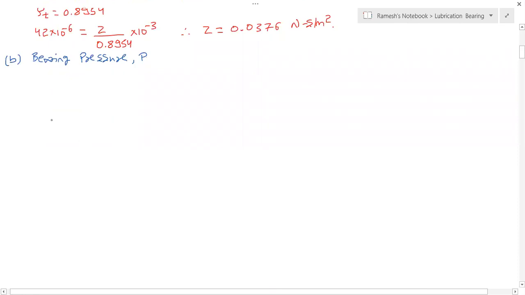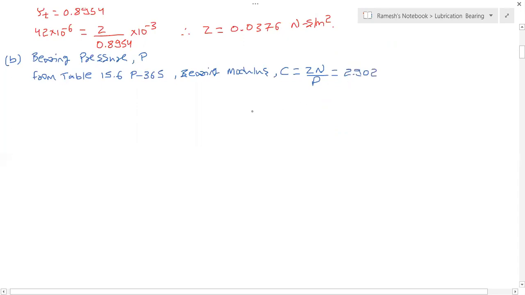Therefore, from table 15.6 and page number 365, the bearing modulus, denoted as capital C, is equal to ZN by P, and from that table the value is 2.902.